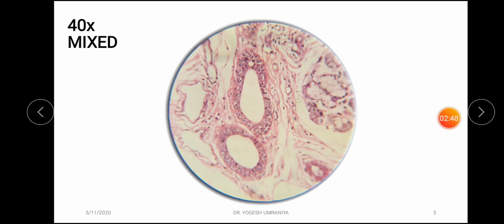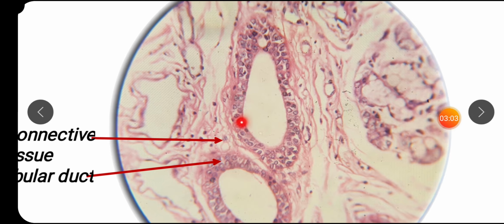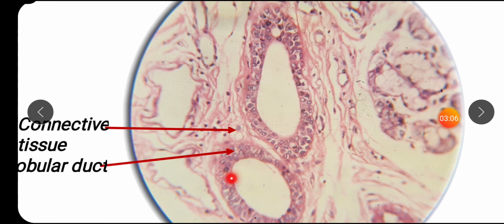This is again the image under the 40x. You can see the connective tissue. Within this connective tissue you have a duct, the interlobular duct, and you can see the wall of this duct is stratified cuboidal or columnar in nature.